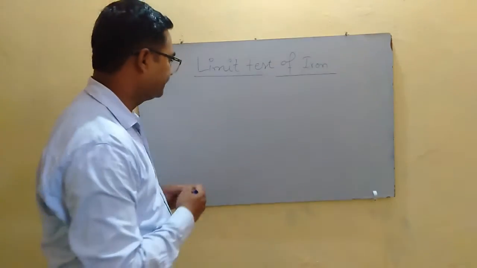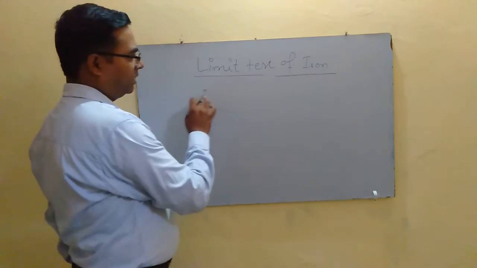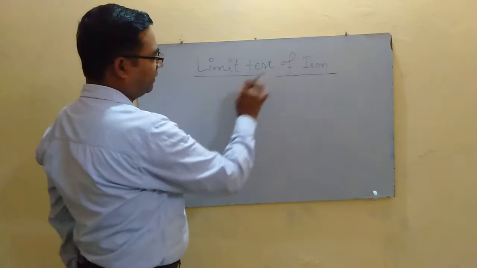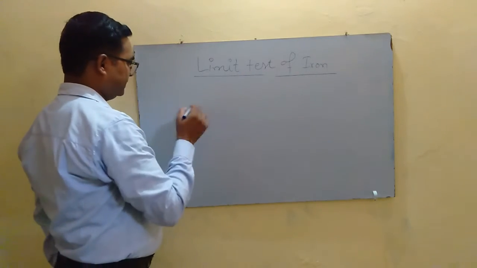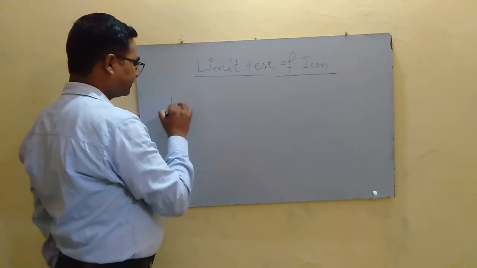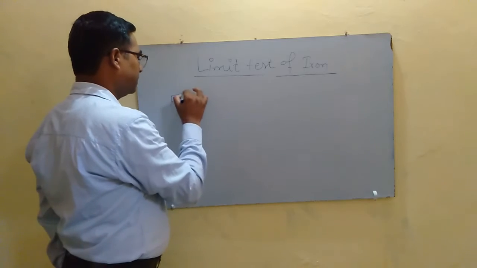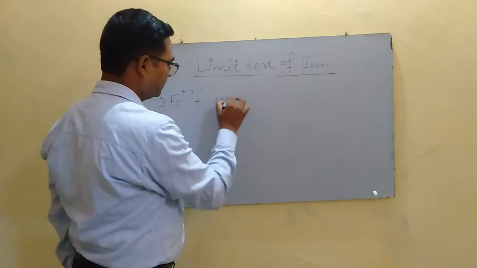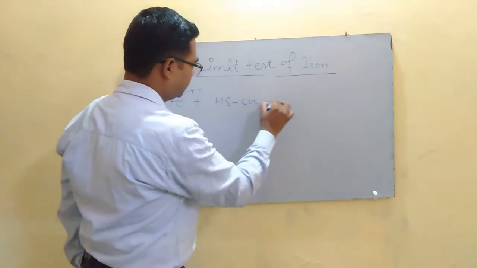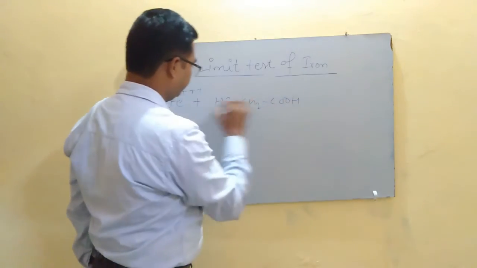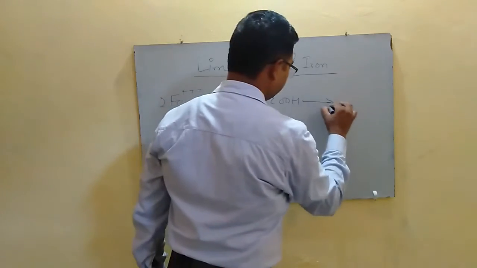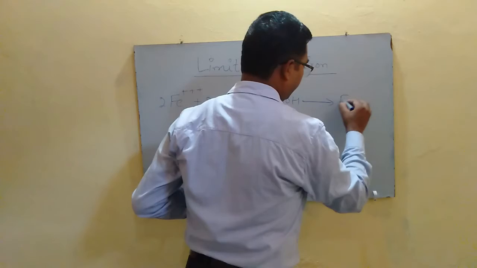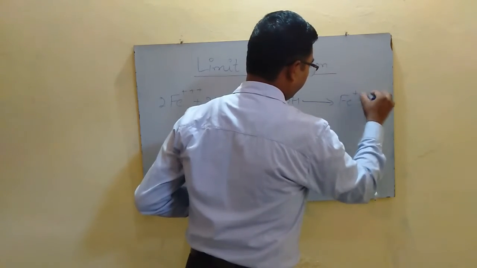Coming to the reaction on which the principle of the limit test of iron is based. When the ferric form of iron reacts with thioglycolic acid, the ferric form of iron is converted into the ferrous form.